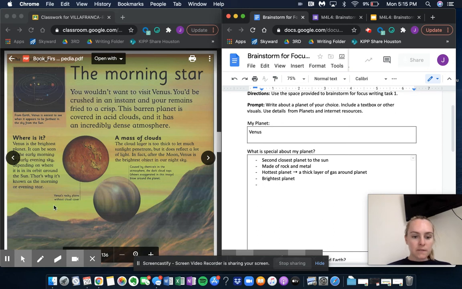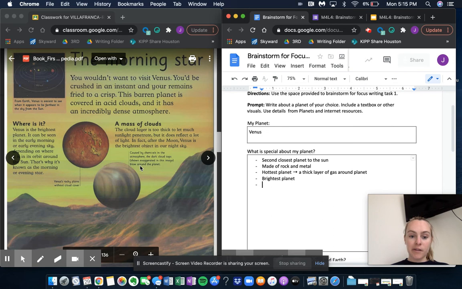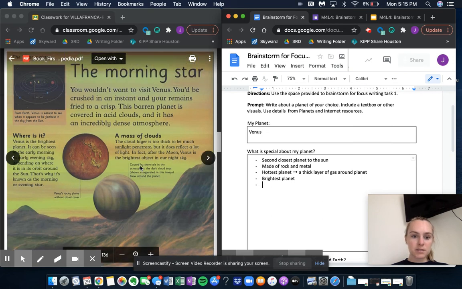So this is Venus without Venus's rocky plains without cloud cover. Okay, so that's without cloud cover. A mass of clouds. The cloud layer is too thick to let much sunlight penetrate, but it does reflect a lot of light. In fact, after the moon, Venus is the brightest object in our night sky. That's interesting.